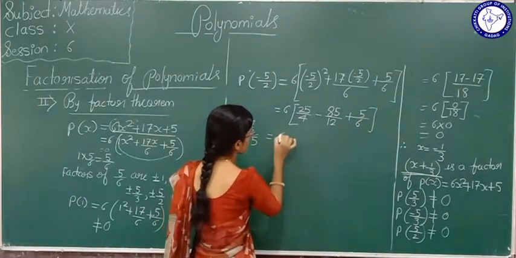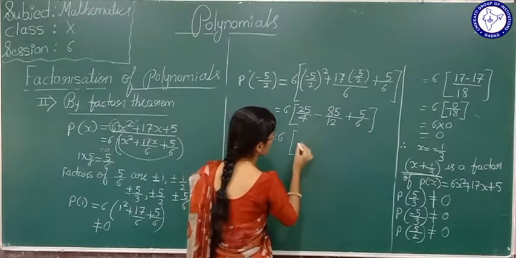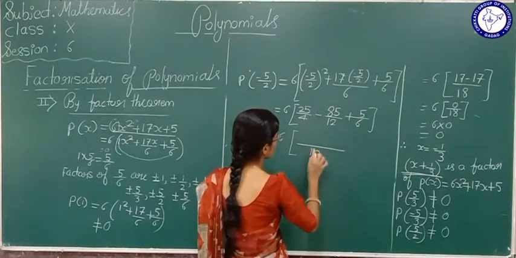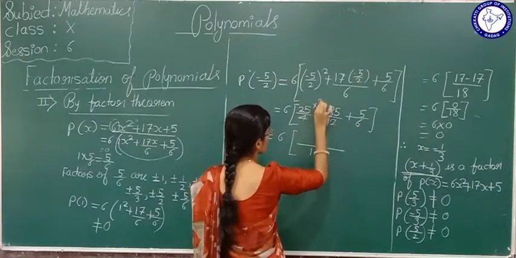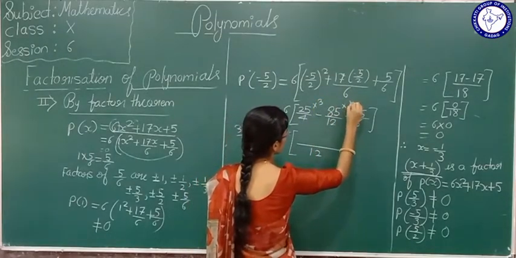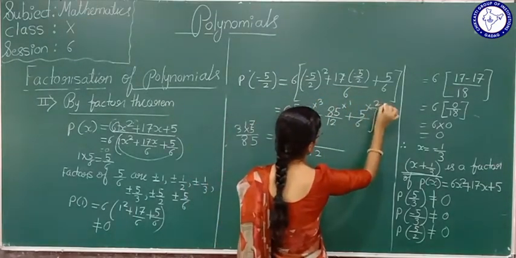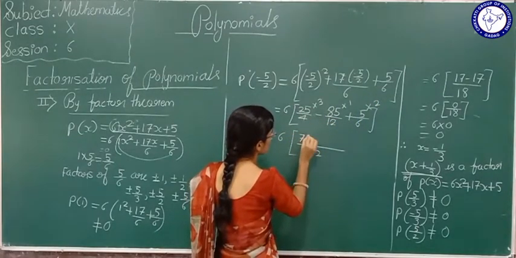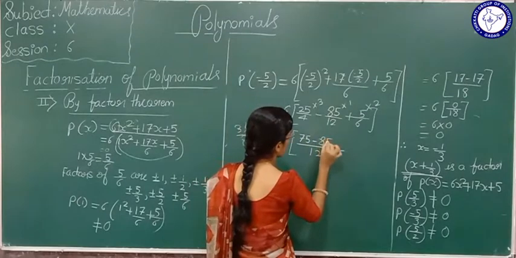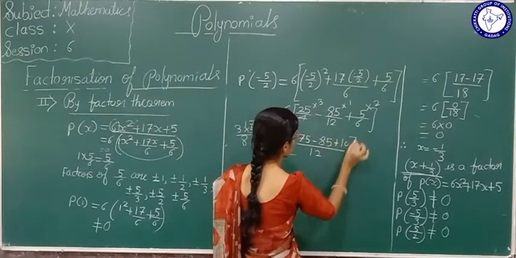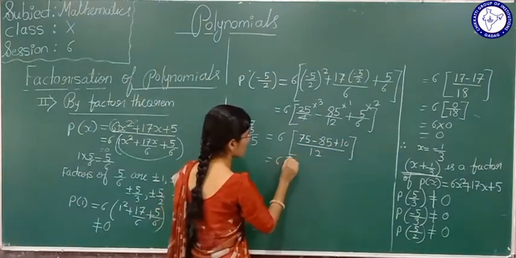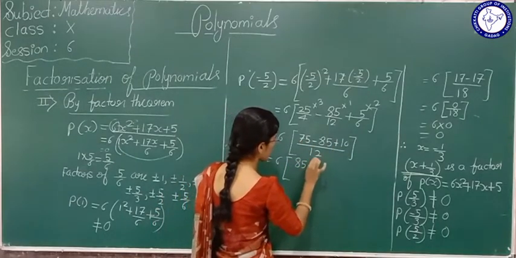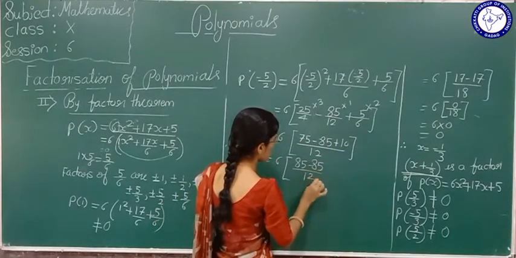So what LCM will we get here? It will be 12. LCM of 4, 12 and 6 is 12. 4 3s are 12, 12 1s are 12, 6 2s are 12. What is 25 3s? 75 minus 85 plus 10. 75 plus 10 is 85, minus 85 by 12.